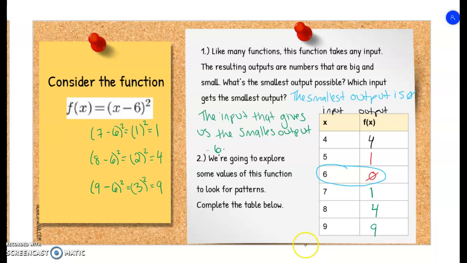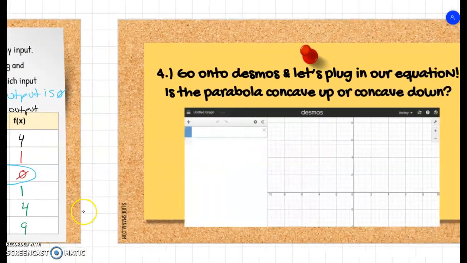We can always create a table, especially when we have a function. We can definitely create the table to help see where our smallest output will be, and what our biggest output will be, and so on and so forth.